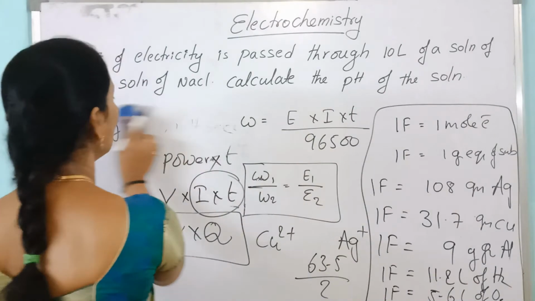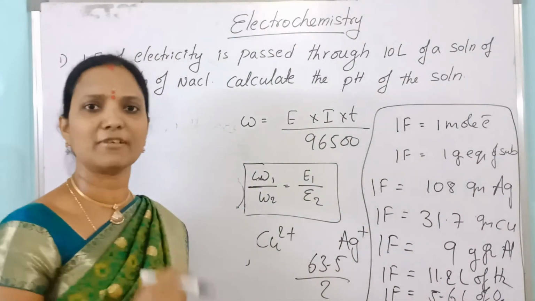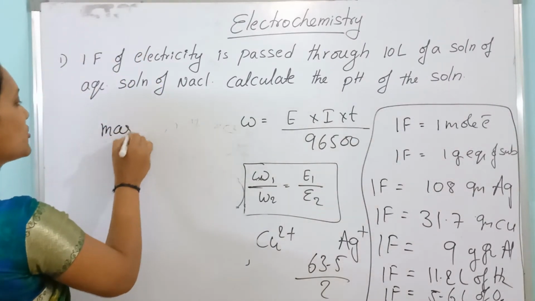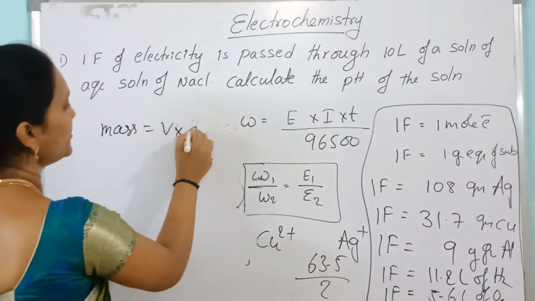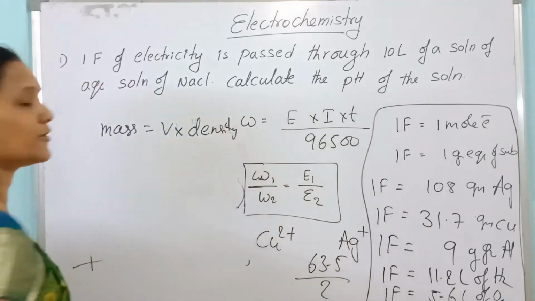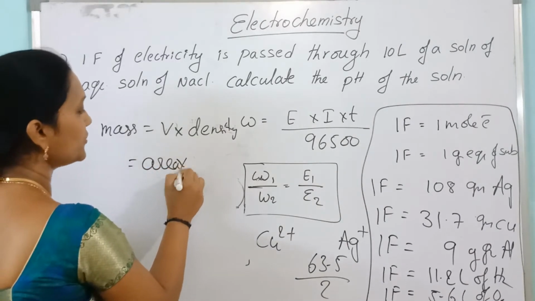Next, given this much mass deposited, how much surface area is covered? They will ask this also. Mass is equal to volume into density, and volume is surface area covered into thickness.